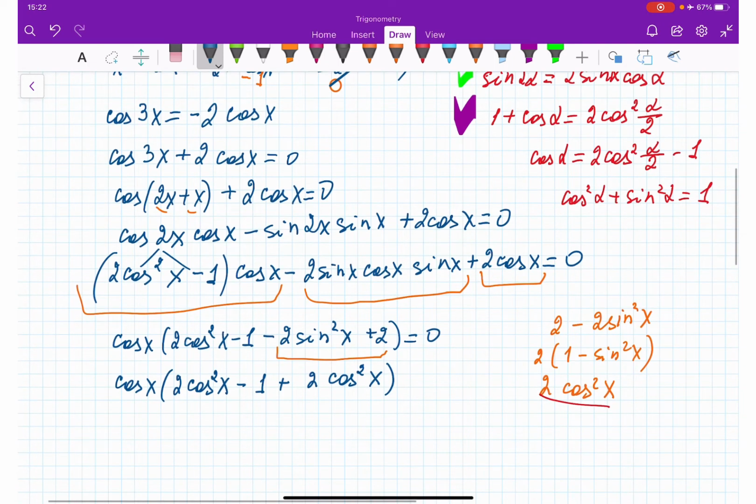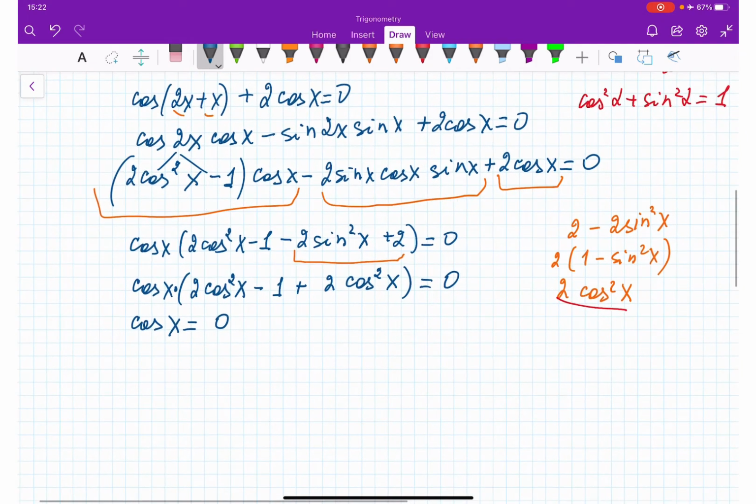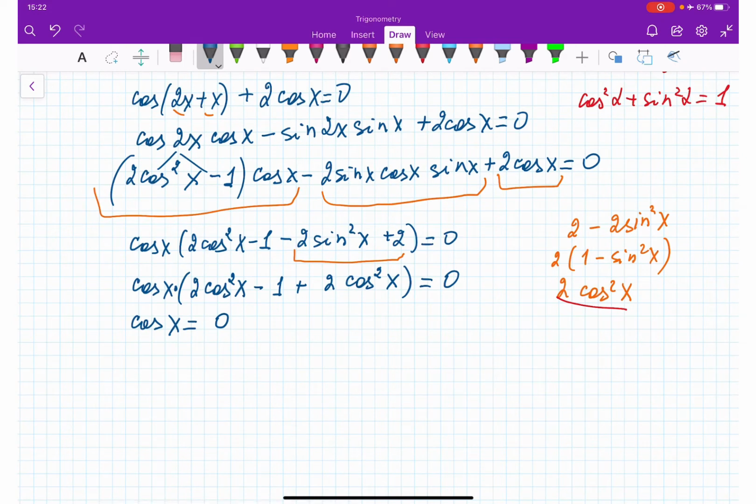Whew, look how much we simplified to arrive here. Okay, so from here, what do we get? We have either cosine x is equal 0, or we have 4 cosine square x is equal positive 1.